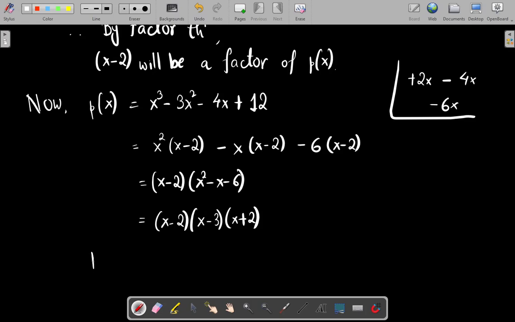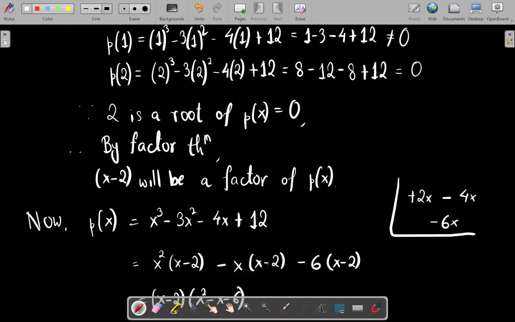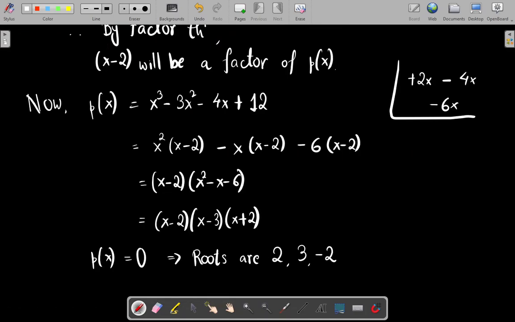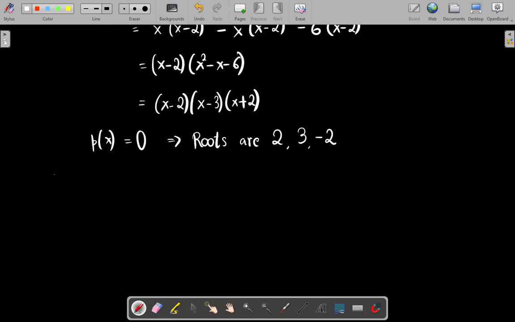So for p(x) equal to 0, each of these terms is equated to 0, so the roots are 2, 3 and minus 2. These are the roots of this cubic equation p(x) equal to 0. Now we are given that the roots of f(x) are all 3 less than the roots of this p(x) equal to 0.